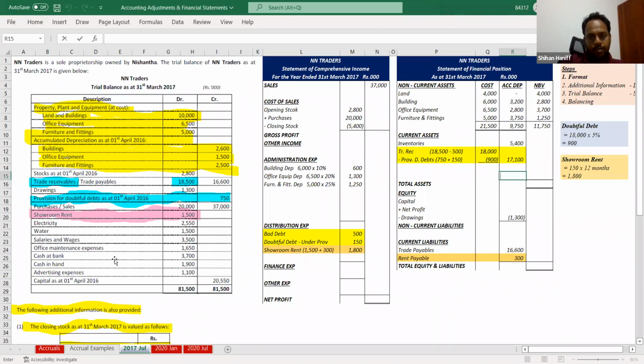Electricity, water, salaries, and wages, office maintenance, all come under administration. And there is advertising expense.